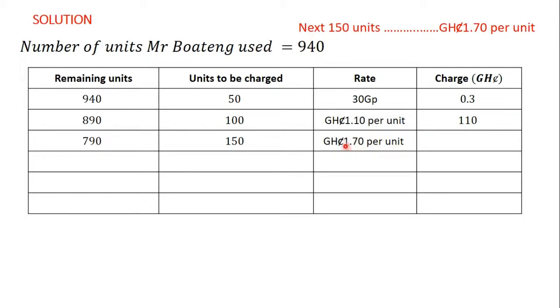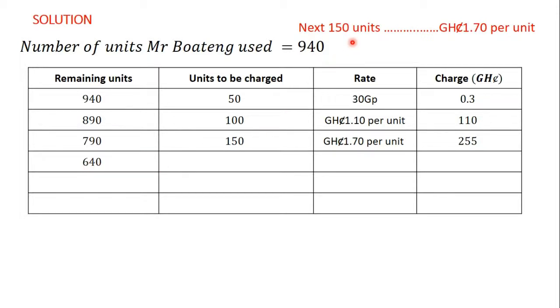So if the rate is 1 Ghana cedi 70 pesos per unit, and the units to be charged is 150, then the charge is going to be 1 Ghana cedi 70 pesos times the number of units, which is 150, and that will give us 255 Ghana cedis. We move on to the next group. The remaining unit is going to be 790 minus 150, and that is 640.